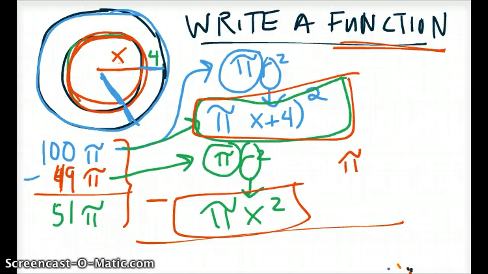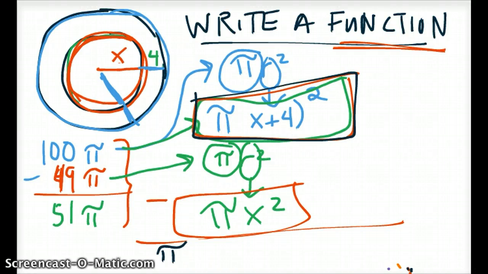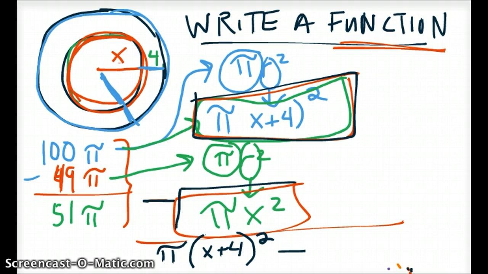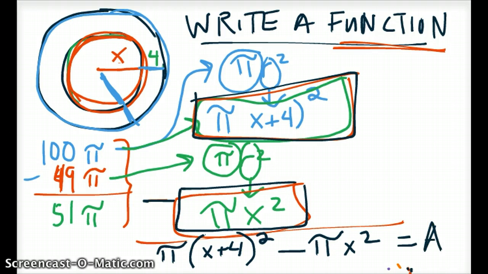Pi, I'm going to make more room down here. This is the first part, pi times x plus 4 squared, minus, now I'm going to do this second part, pi x squared, and that's going to equal the area of the outer ring.